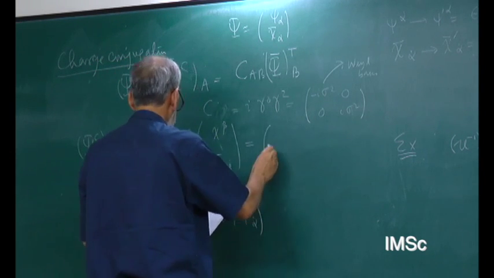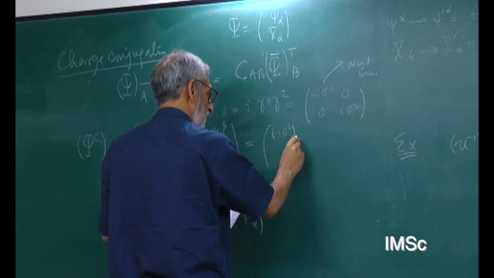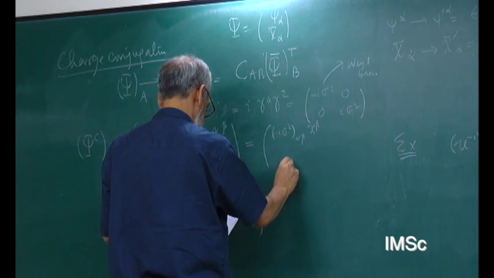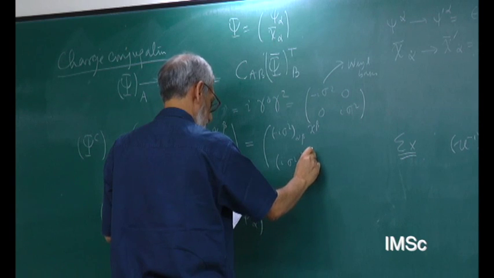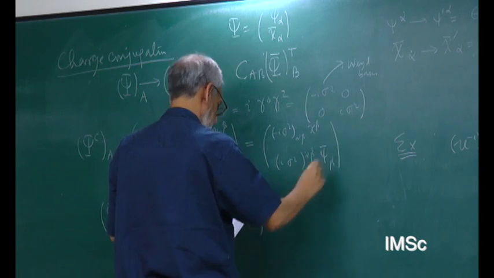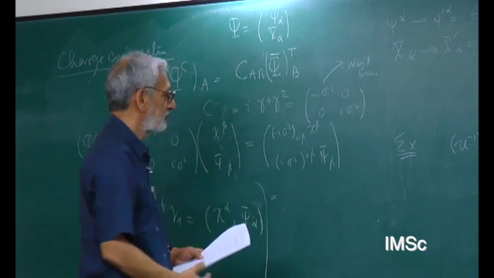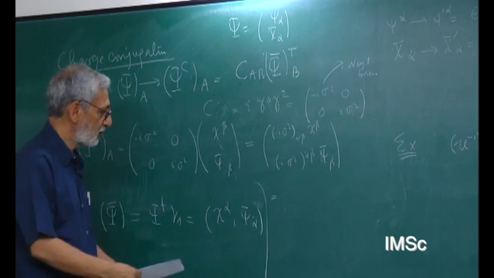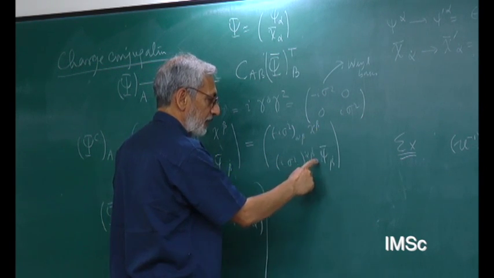So that is i sigma 2 alpha beta chi beta, and i sigma 2 alpha dot beta dot psi bar beta dot. This times this, this times this. And I've just put indices now, alpha beta, beta, beta.